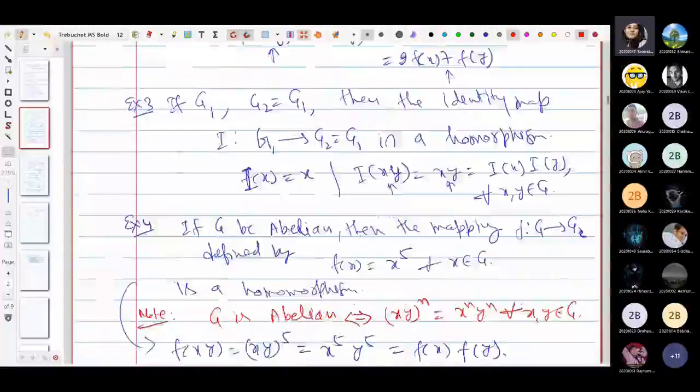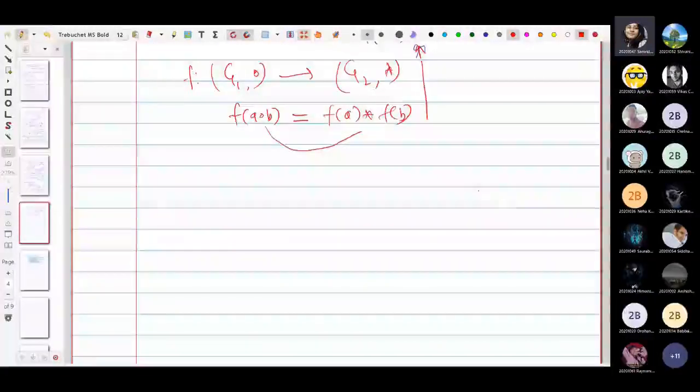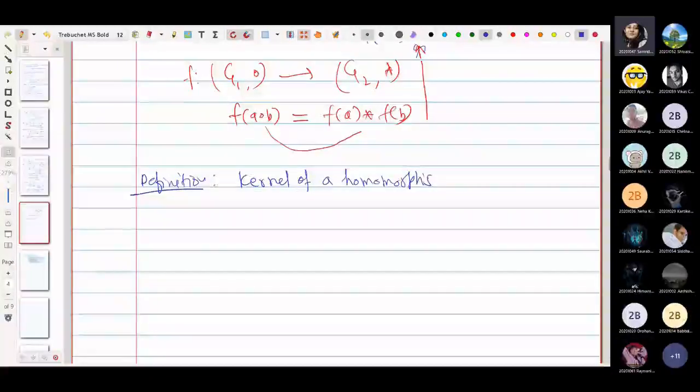Before proceeding further, let us see the next definition, which is the kernel of a homomorphism. Let f from G1 to G2 be a homomorphism.